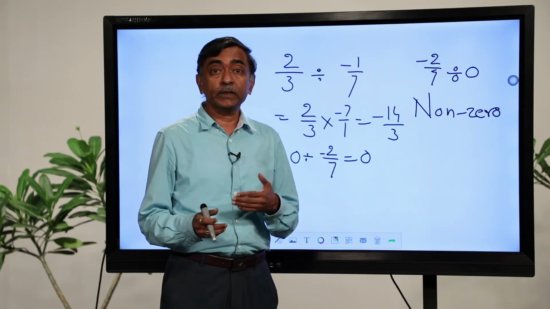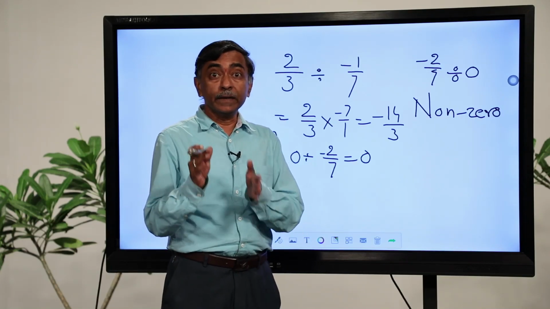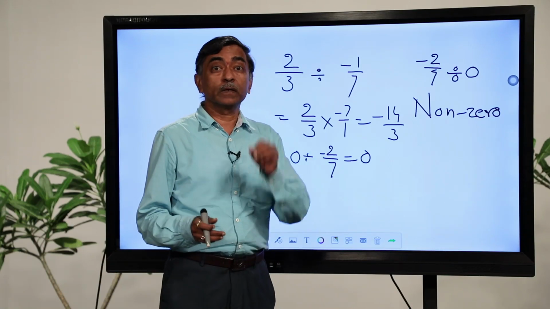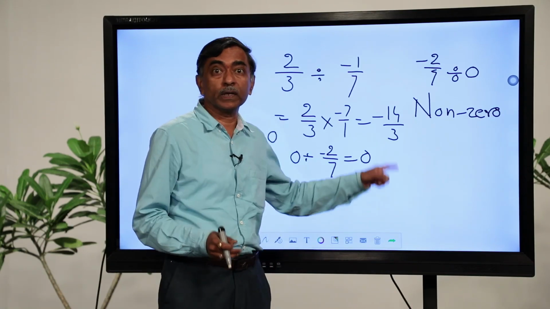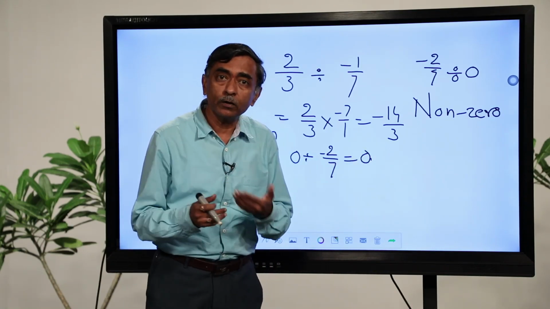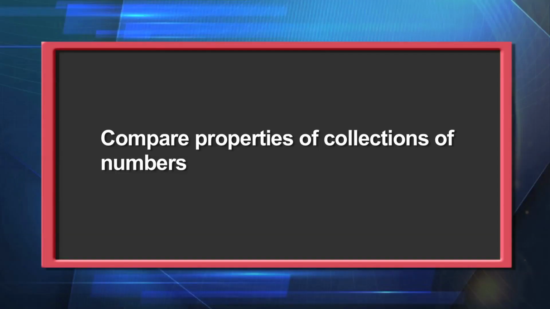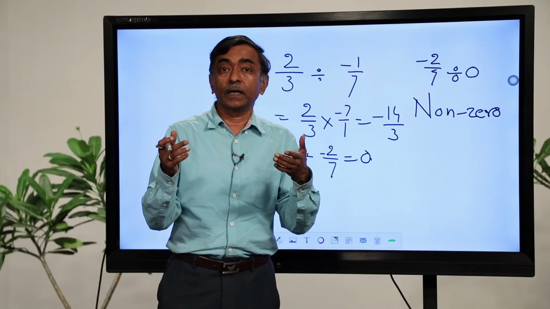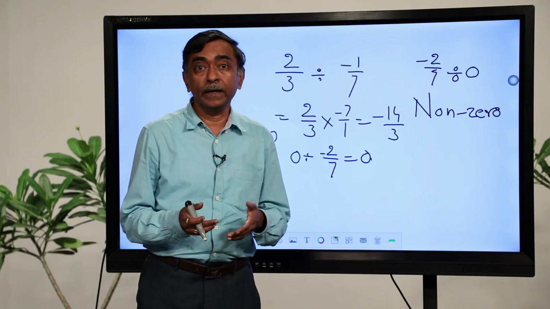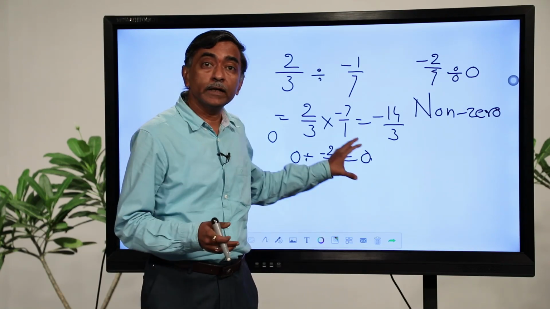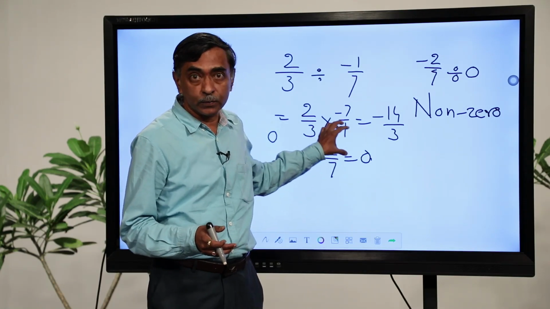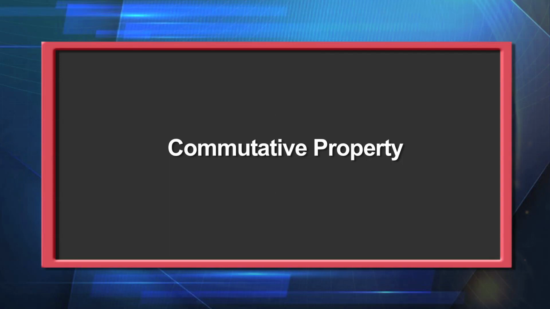For division, till integers they were not closed, but the moment I take non-zero rational numbers, it becomes closed. It is interesting to compare the different properties of the number systems that you have studied till now, and you will find interesting things. Now, let us switch over to another property, that is commutativity.